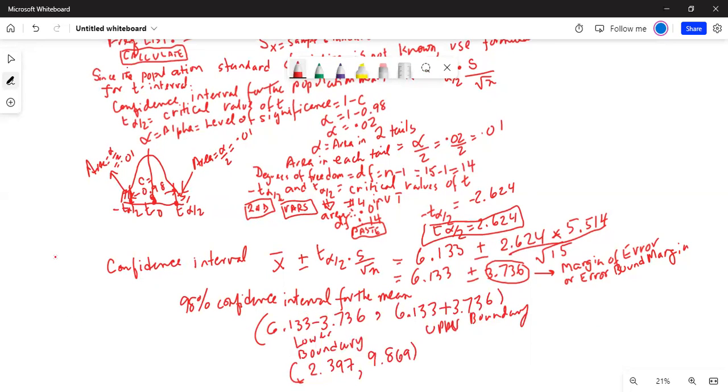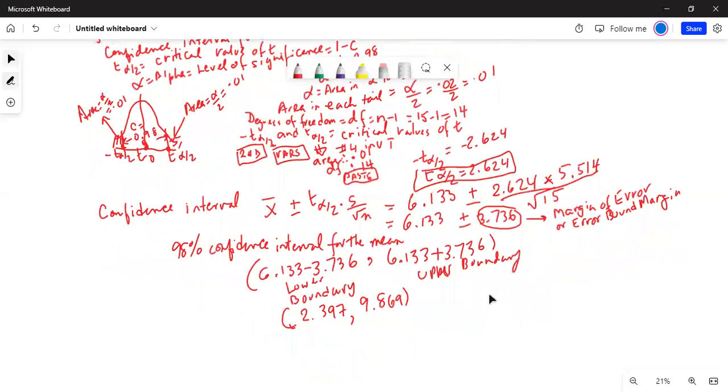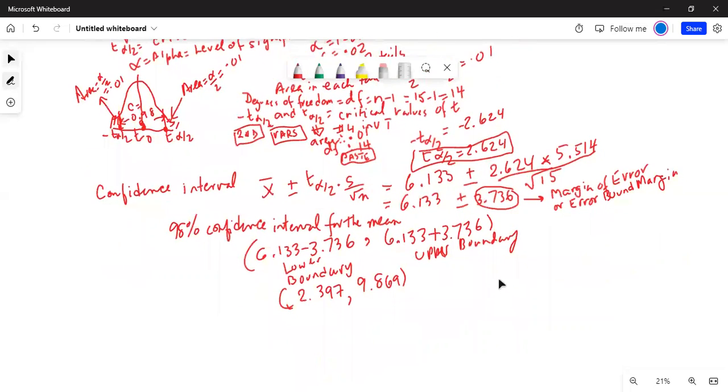So if I create some space, write the meaning of this. Okay.